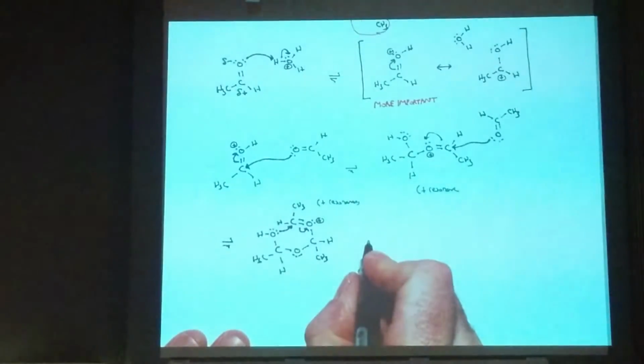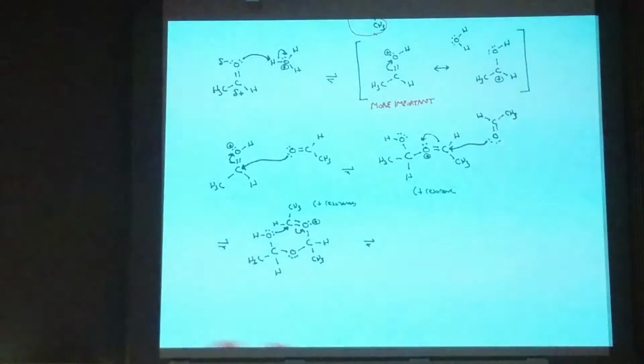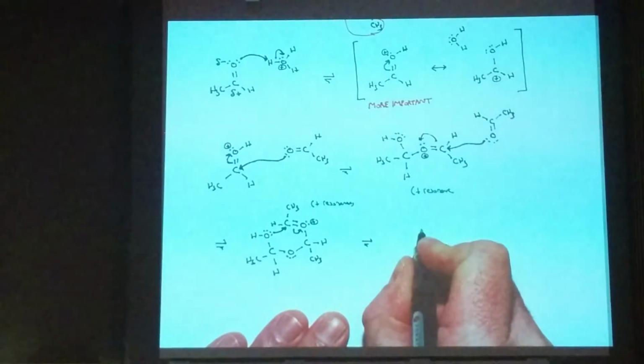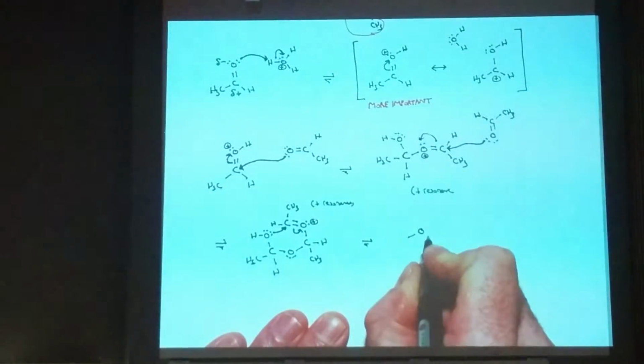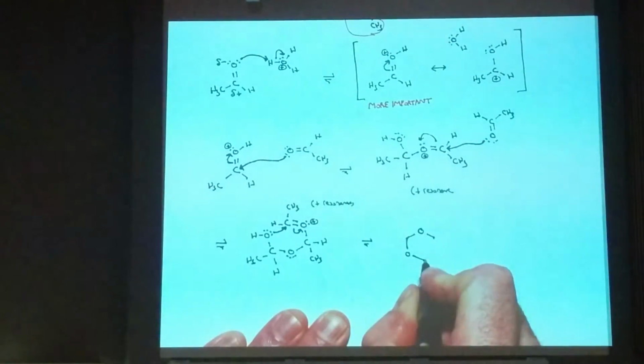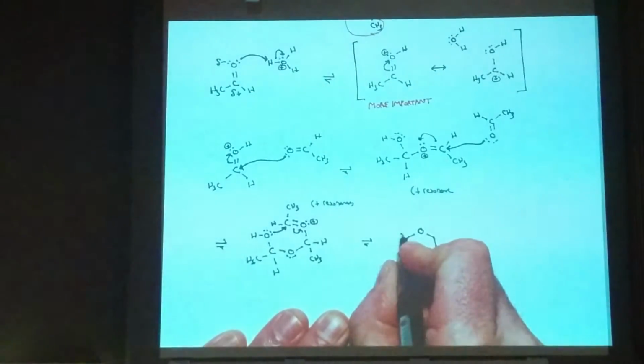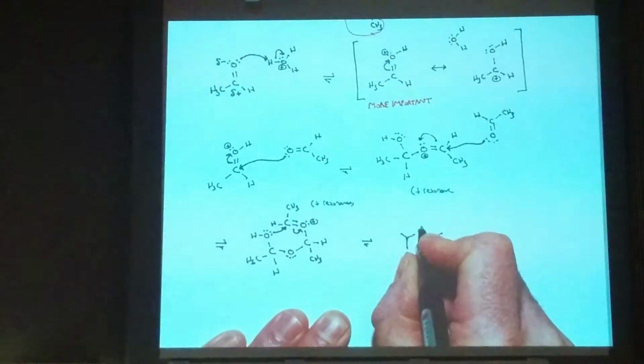So again, the point I'm making is this is a reaction that certainly we haven't seen before. Let me draw this now more like I drew the final product, just because it's a little bit easier. The only thing that causes this to be different from the final product is there's an extra proton.